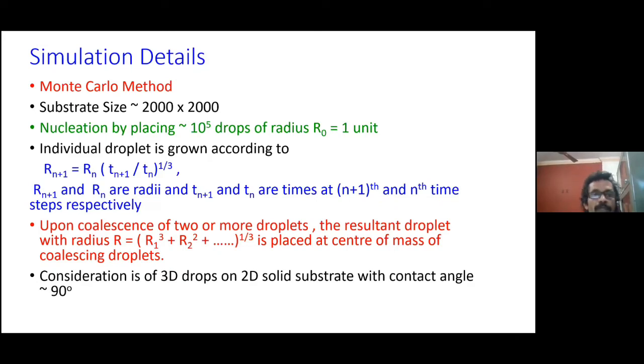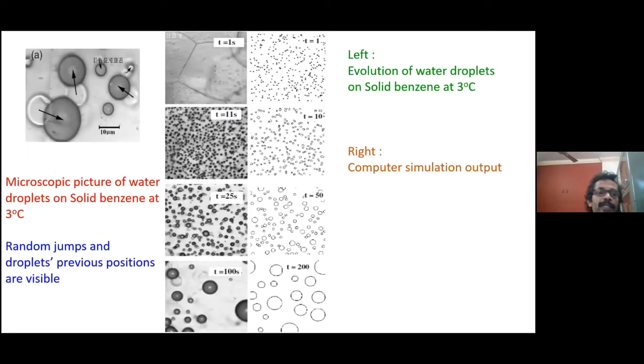Okay, so these are typical water droplets getting condensed on a phase changing material. For example, what you see is a solid benzene at 3 degrees centigrade. The left hand picture shows there are random jumps, and the droplets' previous positions are visible.